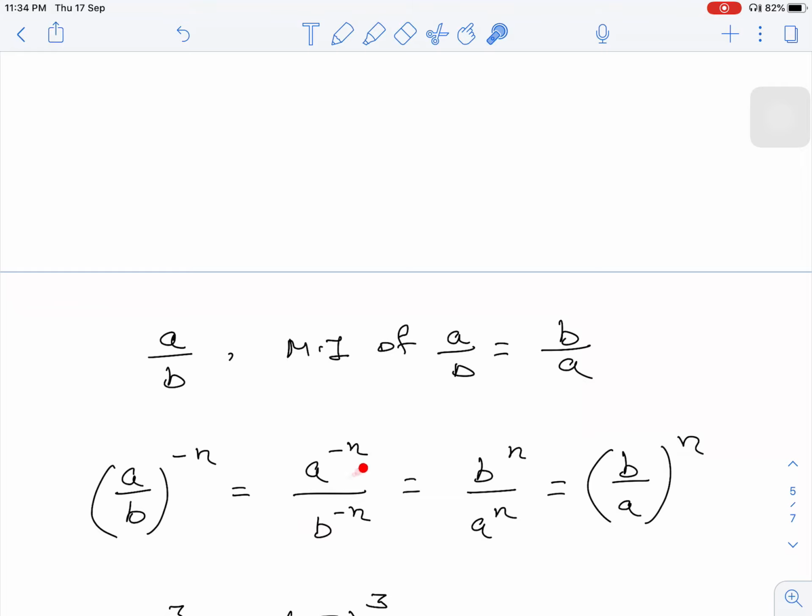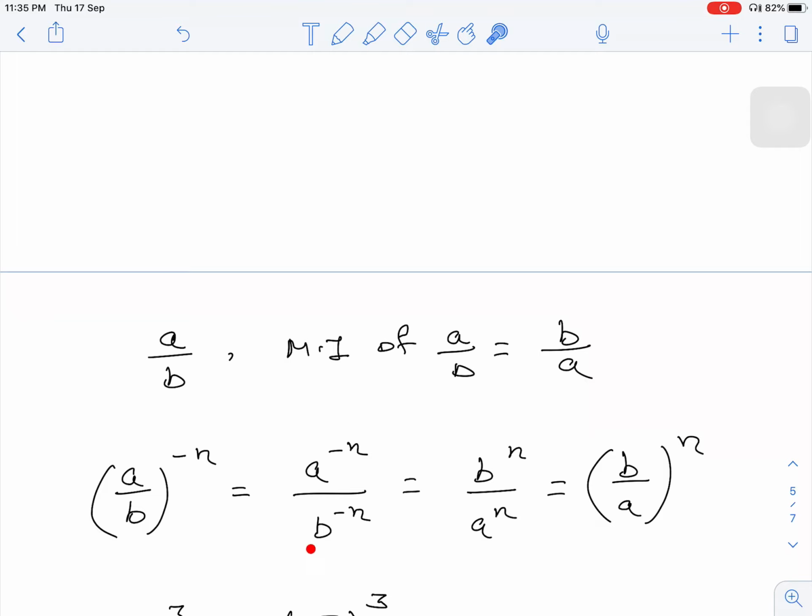Now I want to write this number with a positive power. So I have to bring it to the denominator, that is, take its reciprocal. After taking its reciprocal, a raised to n goes to the denominator. Now here I have b raised to minus n. I want to write this one with a positive power.